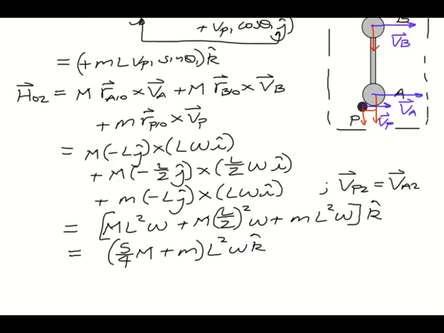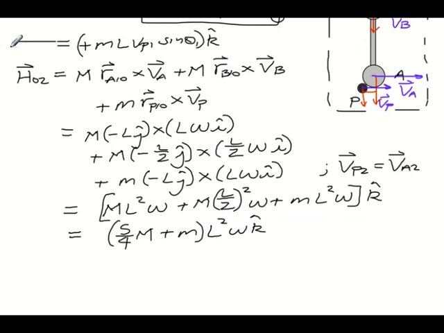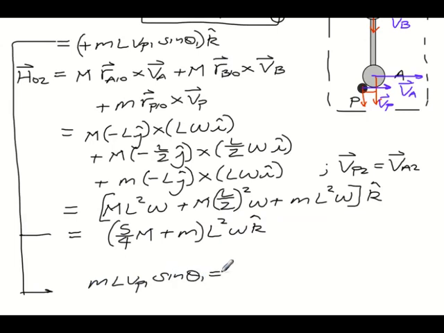We argued above that H1 is equal to H2, so I take that and set it equal to that, and I get that m L VP1 sine theta 1 is equal to (5/4 big M plus small m) L squared omega 2.